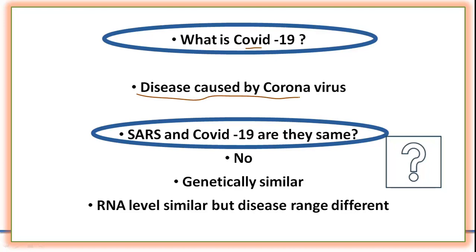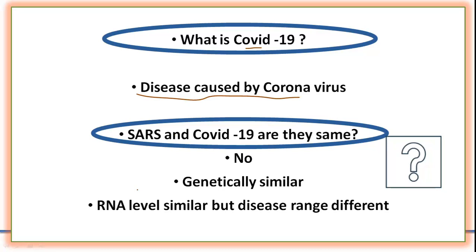Now the next thing is, are SARS and COVID-19 the same? Because if you see the news, many people would have read about SARS, and people get confused whether SARS and COVID-19 are the same or different. Remember, they are not the same. SARS is different, COVID-19 is different. They are only similar genetically, at the gene level.